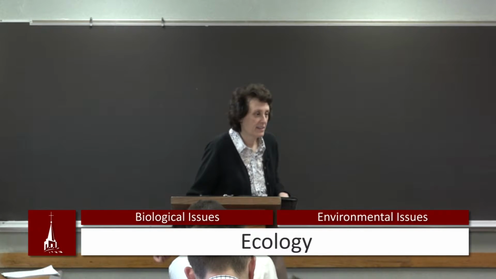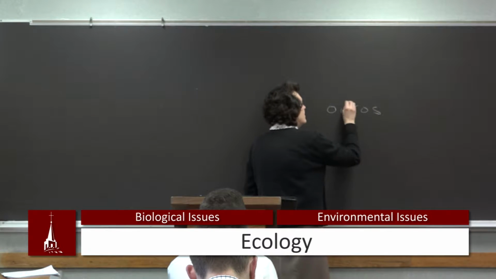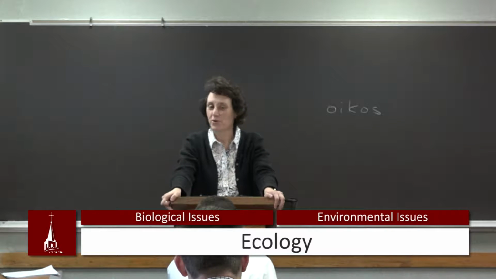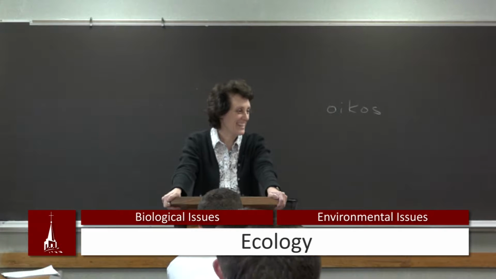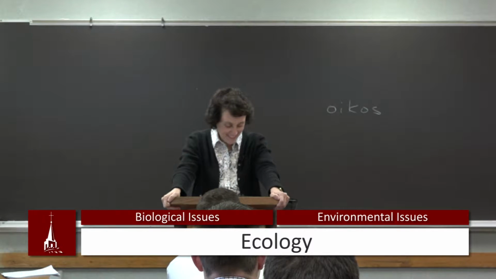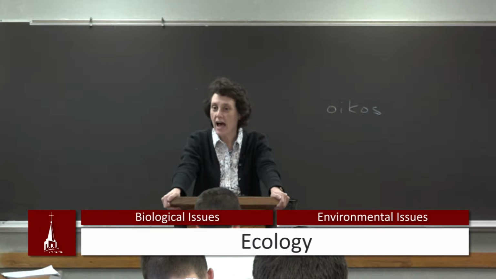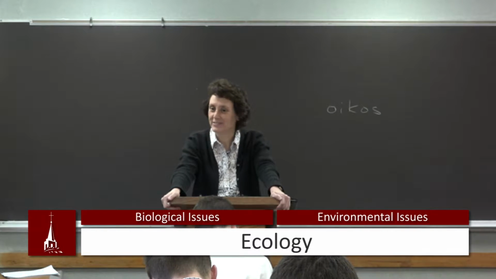Root word: oikos. When I write that on the board, what do you think? Greek yogurt, right? This is Greek, and it refers to the house, in particular the house in which one lives.